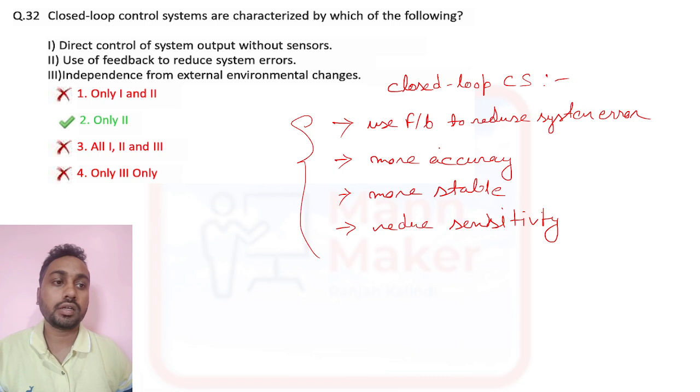It uses feedback to reduce system error. Then it is more accurate compared to open loop control system, and it is more stable. That's why it reduces sensitivity. Okay, so from here we have only this option: use of feedback to reduce system error. So only two is the right answer.